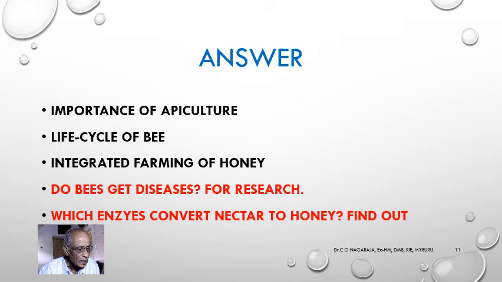Honey contains a large number of molecules which are other than the sugar or the sugary nectar. How is this nectar converted into honey, which contains a large number of molecules which are antiseptic in nature, antibiotic in nature? Okay, we will stop here.